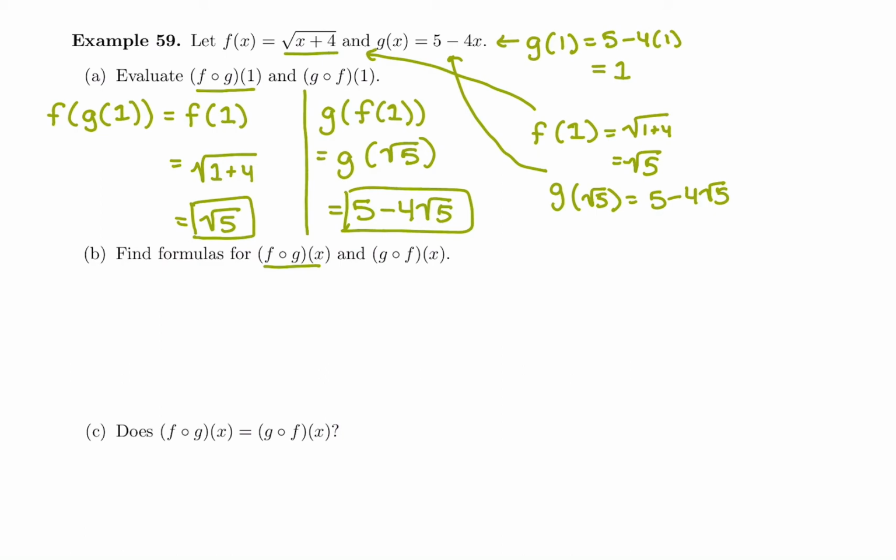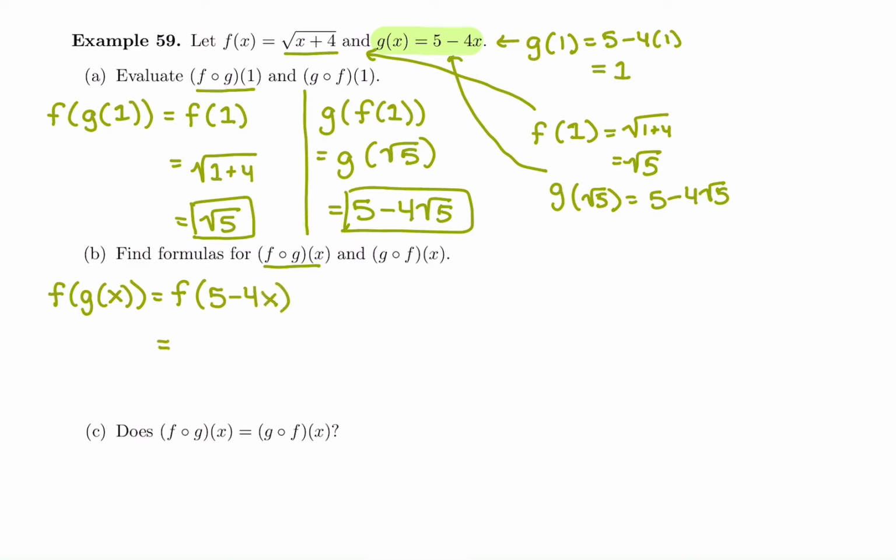Now I'm going to find some formulas. I'm going to find f of g of x. If I'm plugging in an x, then I'm going to get out an equation. If I'm plugging in a number, I'll get out a number. So we're starting with f of g of x, which means I'm going to go into the function f and replace each x with whatever g of x is. g of x is 5 minus 4x.